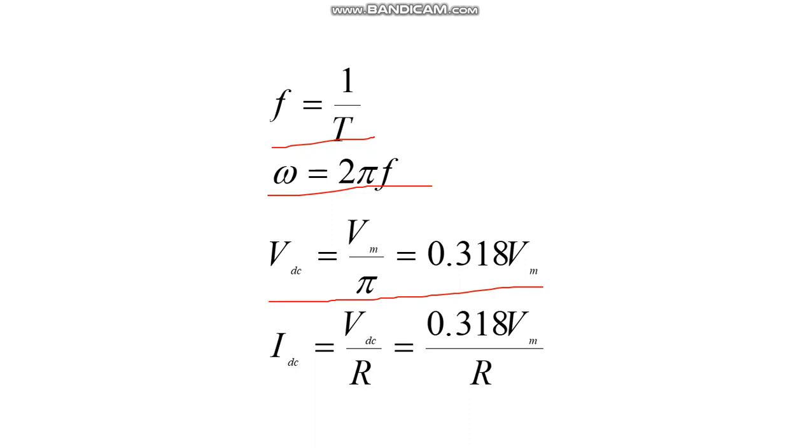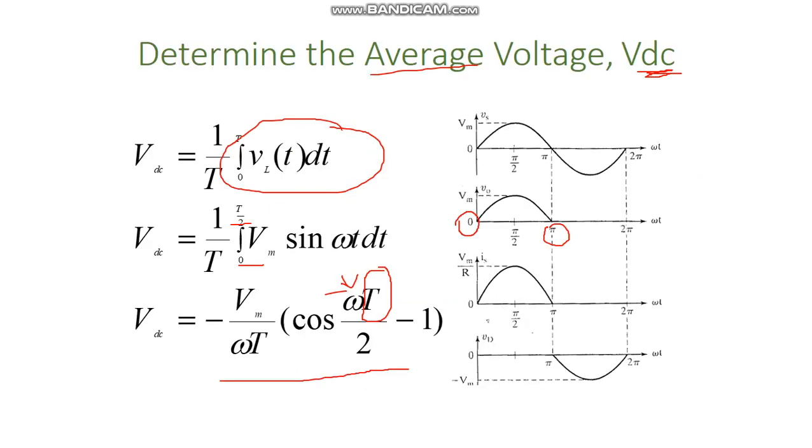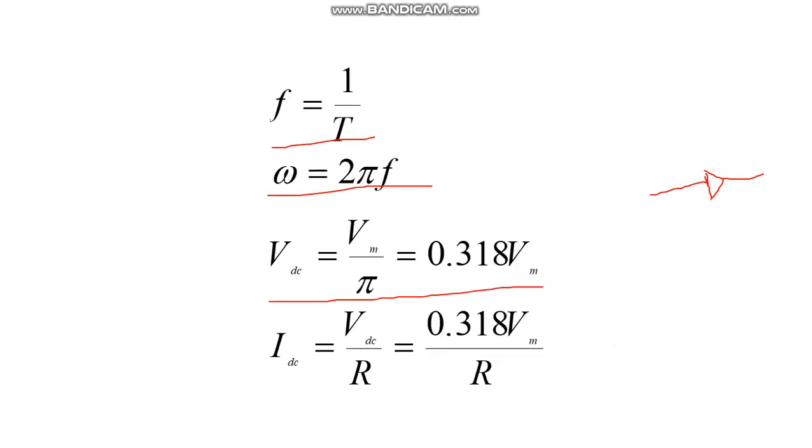This is the average, or the DC value, of the voltage waveform that we will obtain at our output. Remember that this formula is only valid for the half wave rectifier. In the case of the full wave rectifier or other topologies, the time of conduction of the diode and the output voltage available will be different.